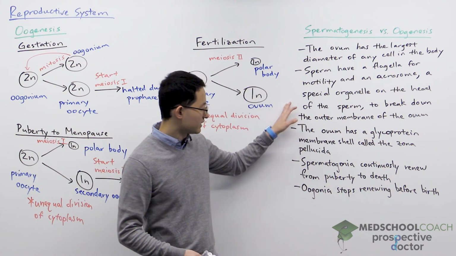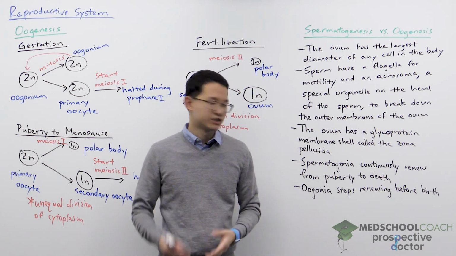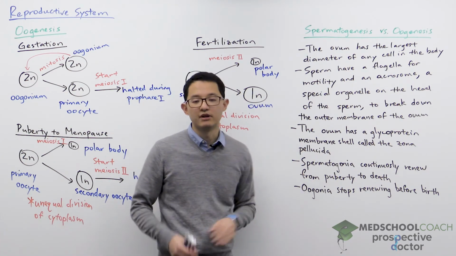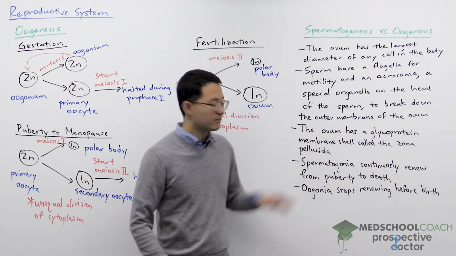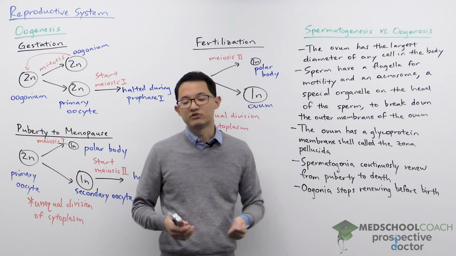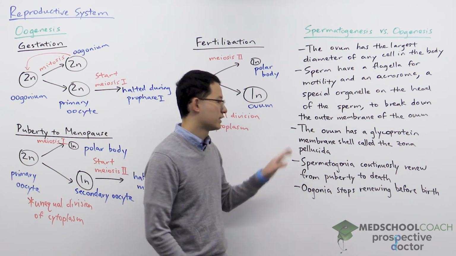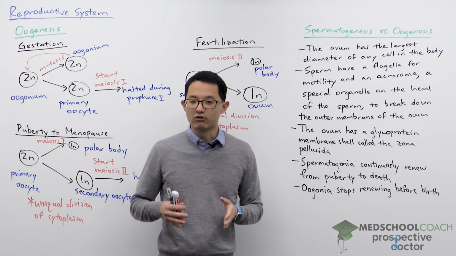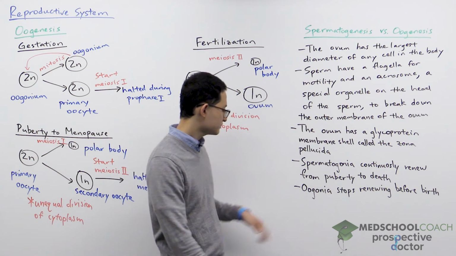That's important because the ovum has a glycoprotein membrane shell called the zona pellucida, and it's not easy to break through. So the sperm, with their acrosomes, are able to initiate the acrosomal reaction, where they release these enzymes to break down the zona pellucida in order to get access to the inside of the ovum.